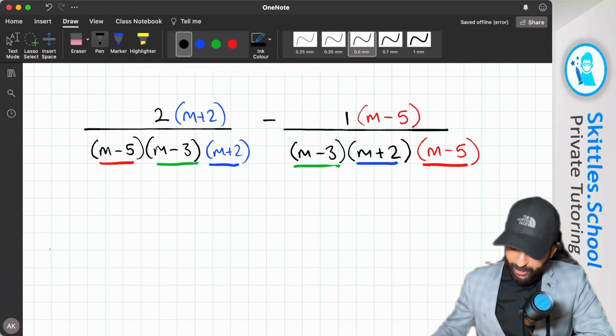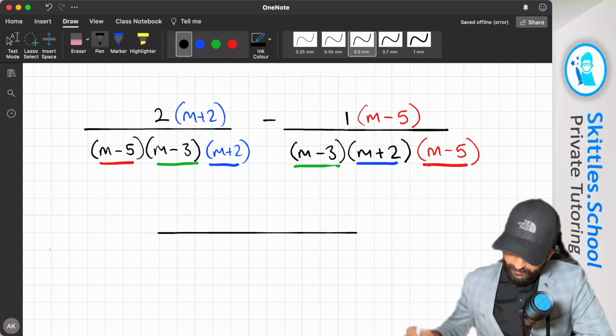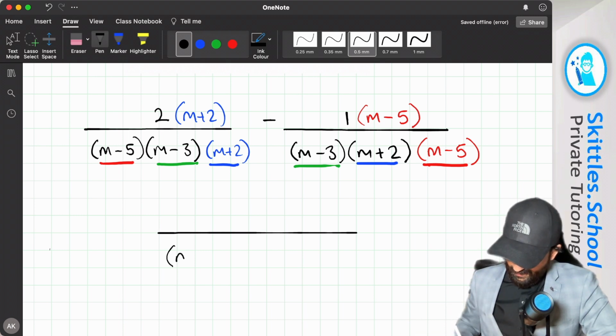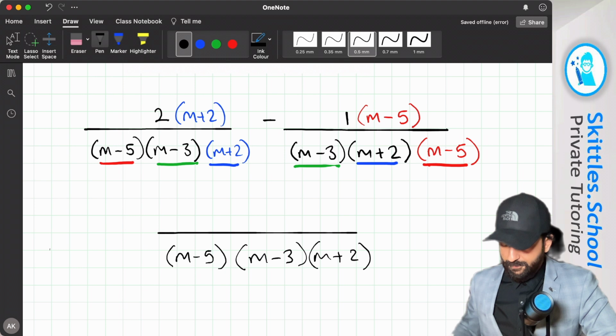So we found a common denominator. So we keep that as our denominator. So the denominator is still m minus 5, m minus 3, and m plus 2, because that's the same for both of them.